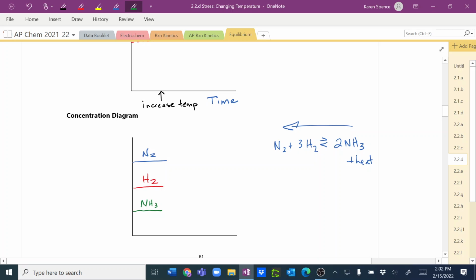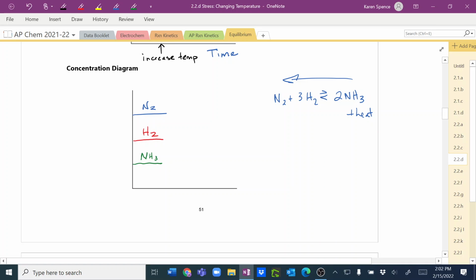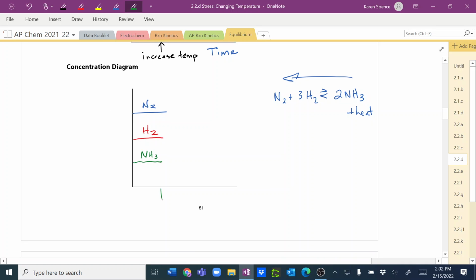So in that moment, when we increase the temperature, what happens to our concentrations? They go up? They do what? They stay the same? Do they go up or do they stay the same?